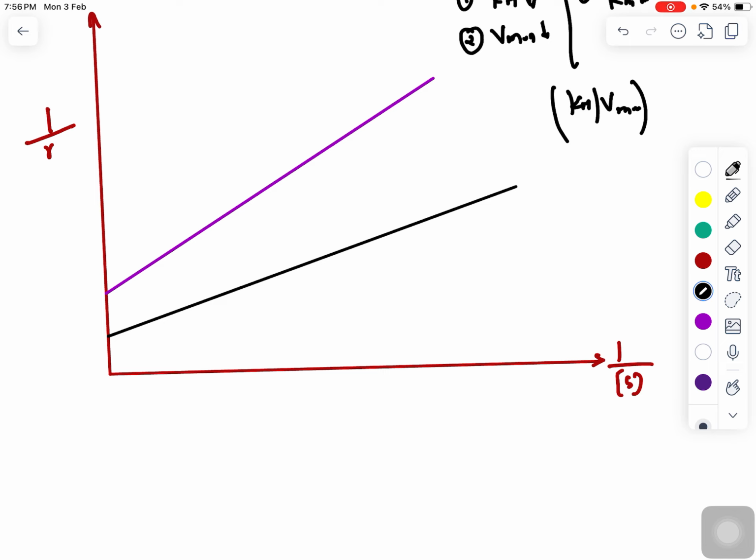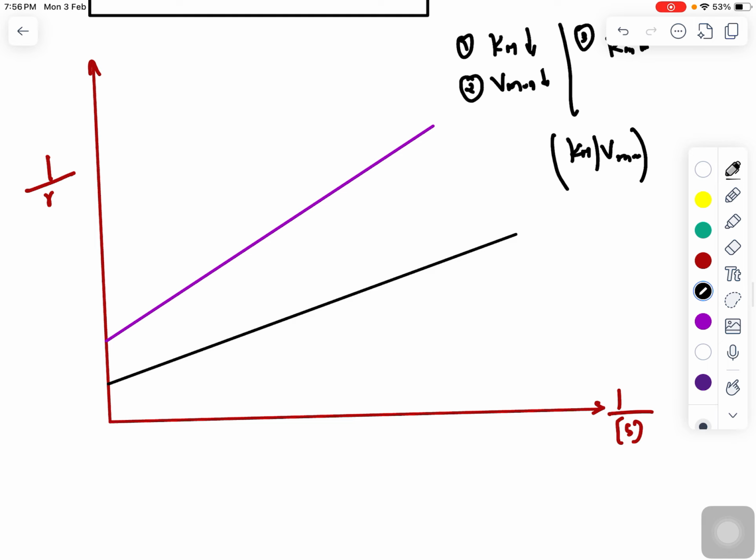And in another case, Km was constant and Vmax was decreasing. Okay, these three cases are there.